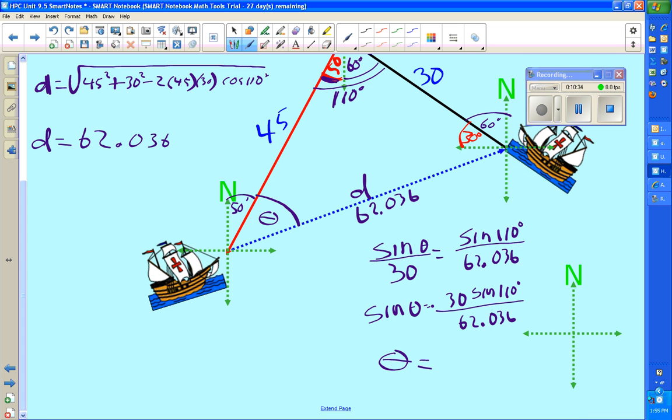So what does theta end up being? How much? Now remember, that's this angle right here, 57.028 degrees. Is that not right? No. Okay. That is not, however, the bearing.